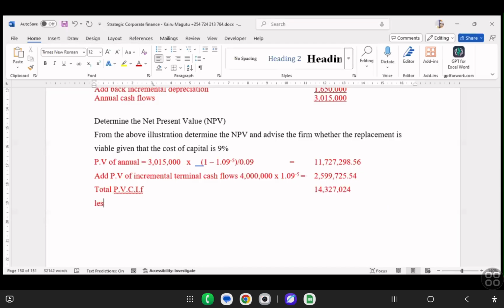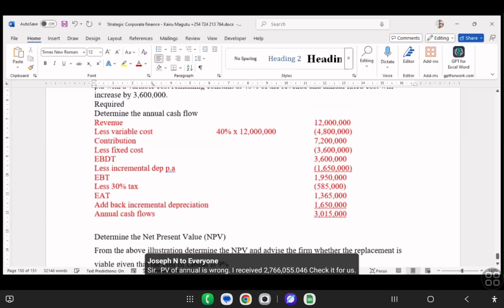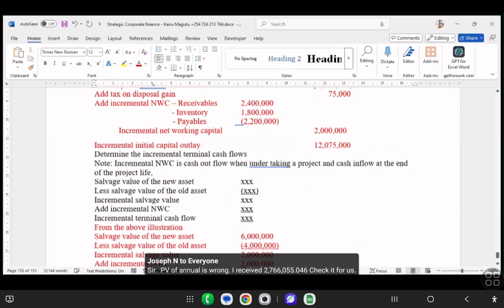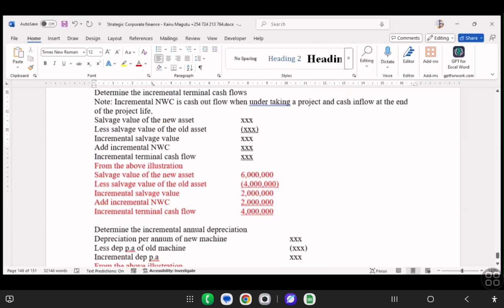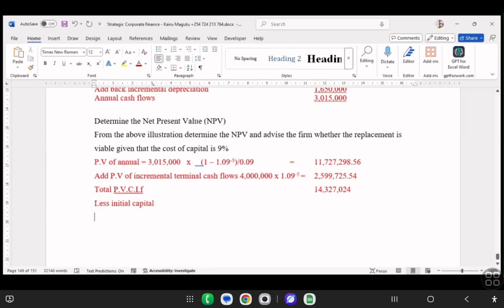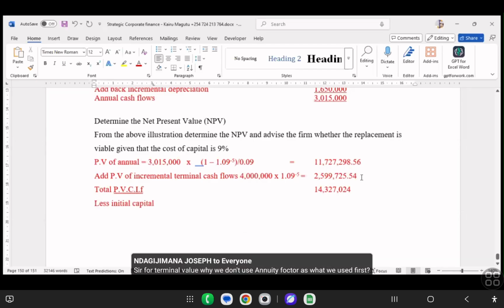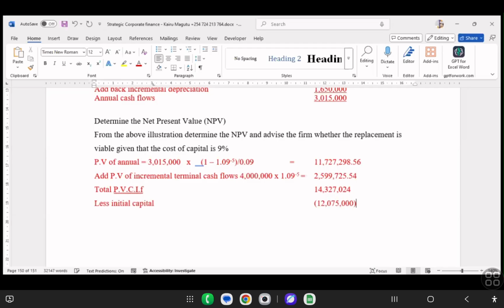Then we less initial capital. We had an initial capital somewhere. We computed the initial capital together. Incremental initial capital, 12,075. Like that.